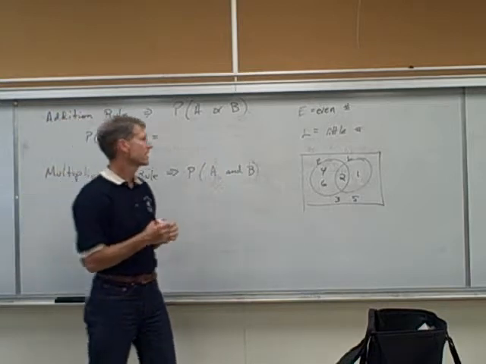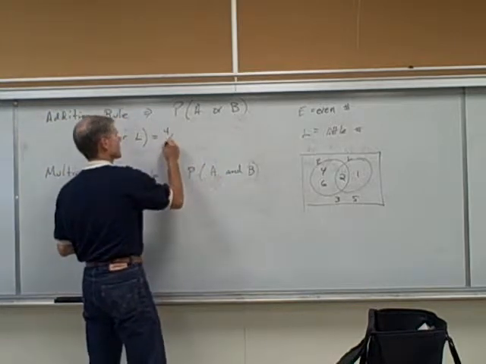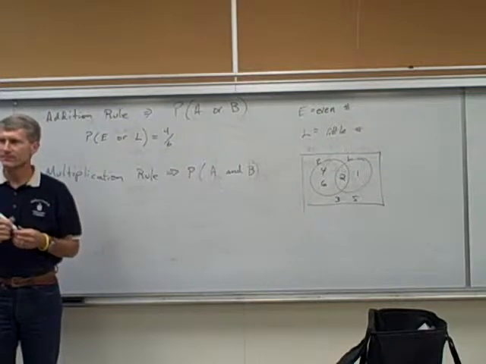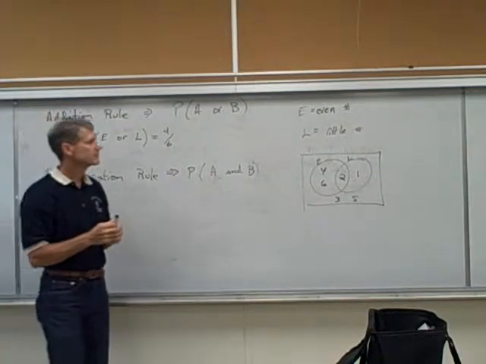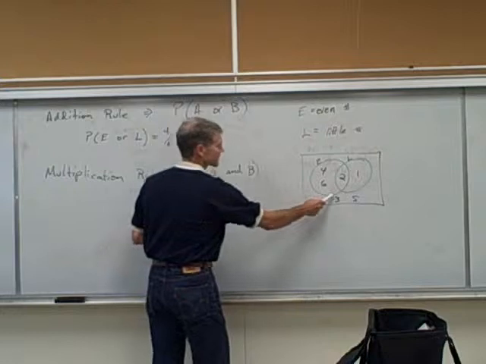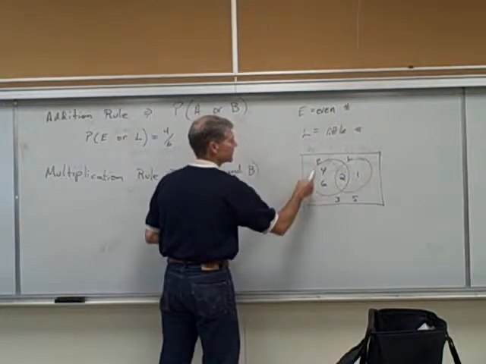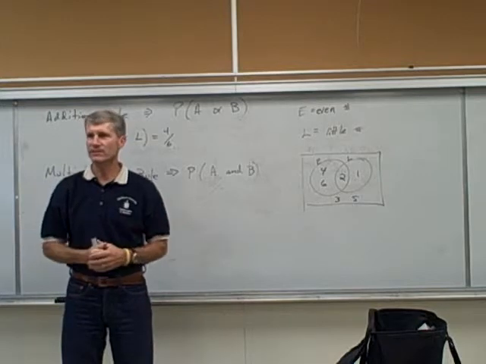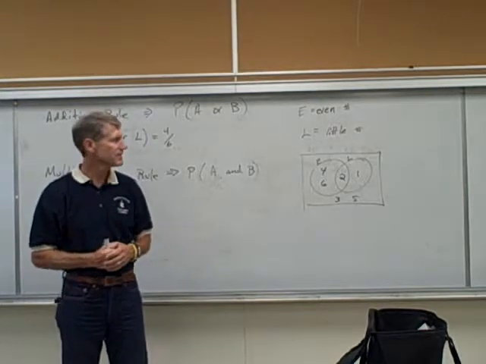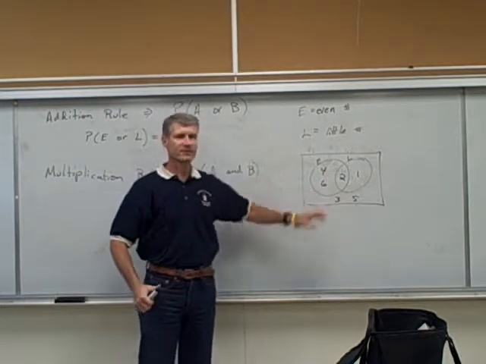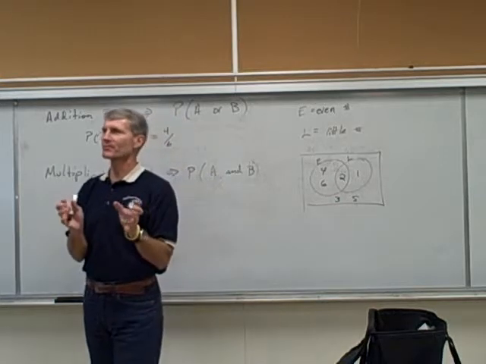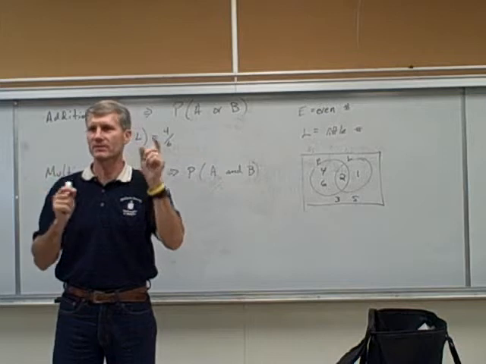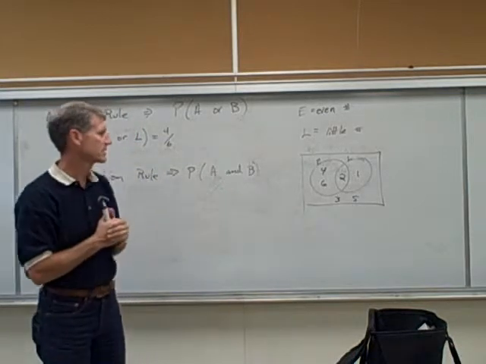4 out of 6. So we know the answer. Now how did you get 4 out of 6 looking at the Venn diagram? Because there's 4 numbers total within the 2 circles. I just hook the 2 circles together, and there's 4 numbers inside here. That's the union of the 2 sets, right? Now this works great for little trivial problems where you can easily draw a Venn diagram and stick numbers in places or events in places.